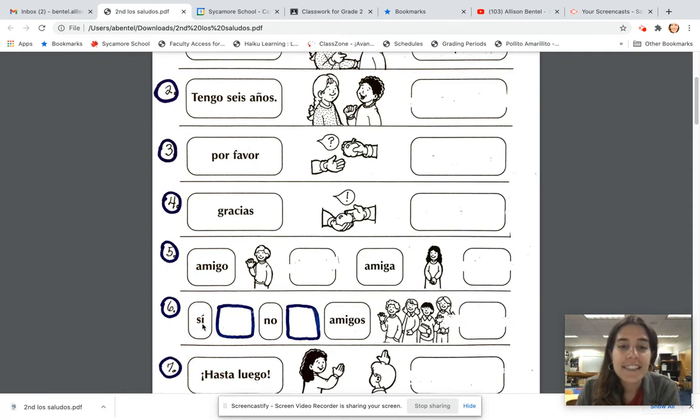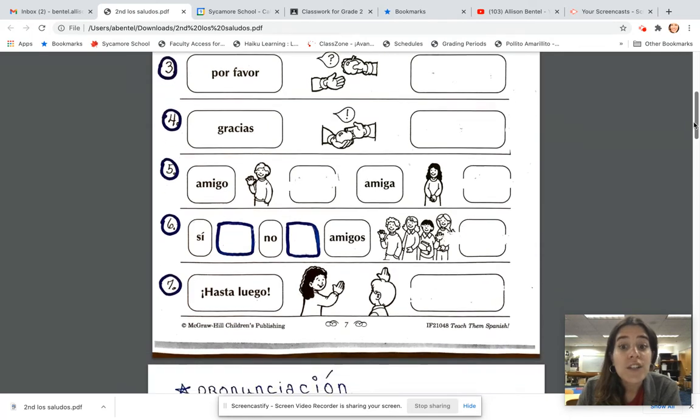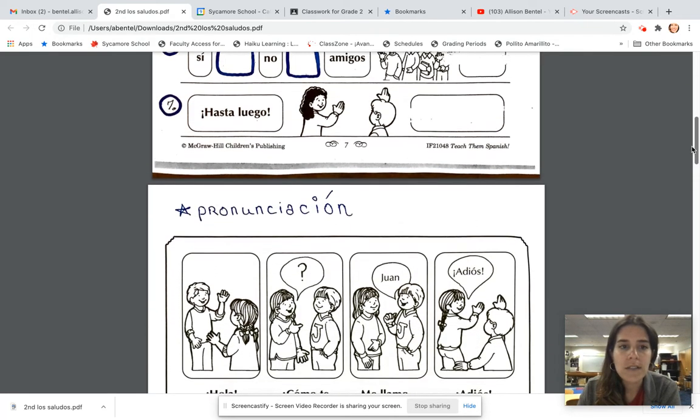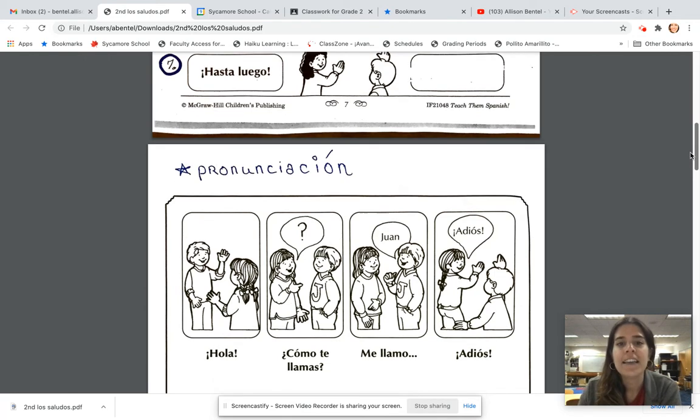Número 6, sí is yes, no is no, and amigos are friends, both boys and girls, or maybe only boys, although here in the picture tenemos dos chicas y dos chicos. We have 2 boys and 2 girls in that photo, so we know that it is both boys and girls that are friends there, or amigos. Y finalmente, número 7, hasta luego, see you later.